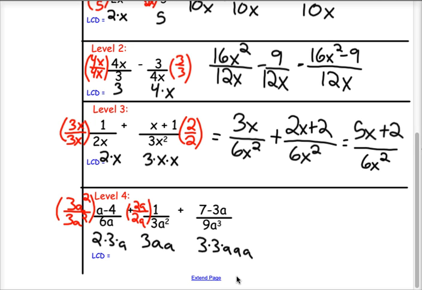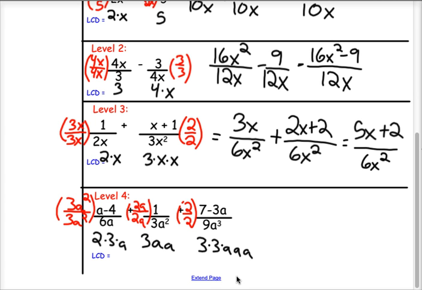So here we're getting 2a over 2a. And what is the 9a cubed missing? Well, that you can see is only missing a 2 from the a. So we get all of that.